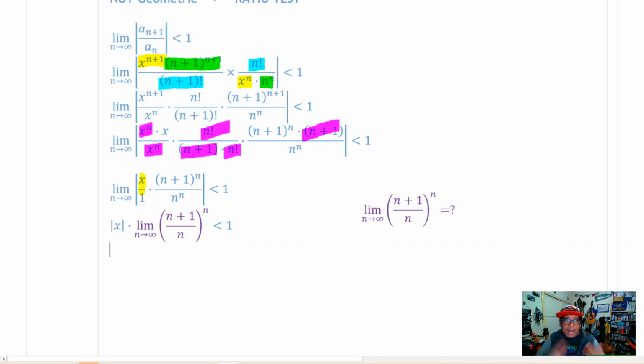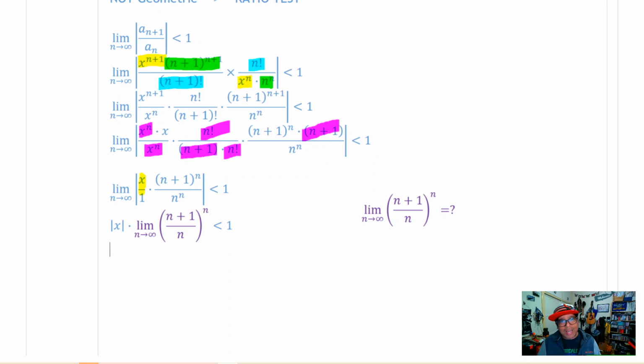Now reaching back a couple of chapters, if we see n something to the nth power as exponential, this is actually a disguised form of our indeterminate form. This is an indeterminate form because it looks like we're going to get infinity to the infinity power.